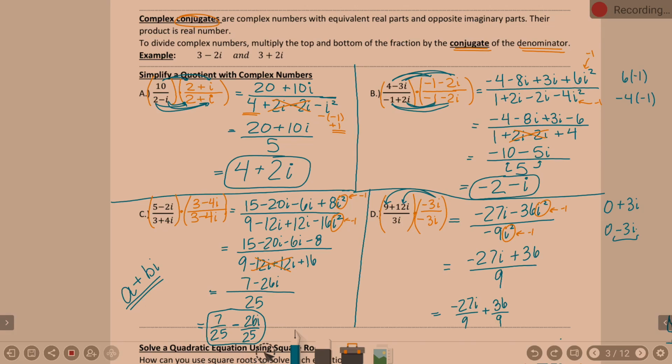Okay. Clean it up. Negative 27i divided by 9 is negative 3i, plus, what's 36 divided by 9? Plus 4.